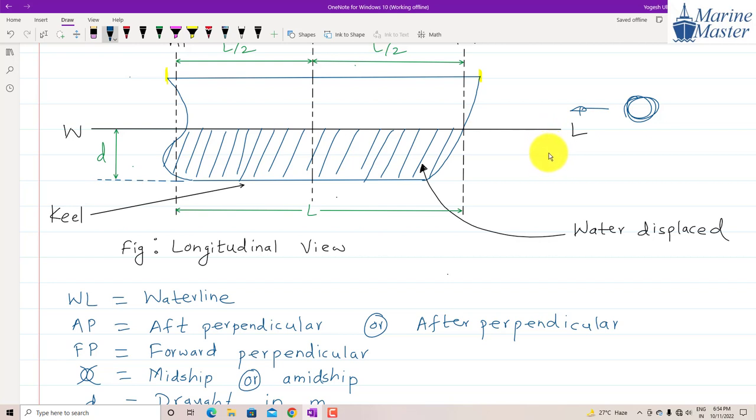In that view, we can easily show port side and starboard, meaning along the width. For the longitudinal view, some person stands on one side, either port side or starboard side, beside the ship, and observes the ship. So he will get a longitudinal view of the ship along the length.